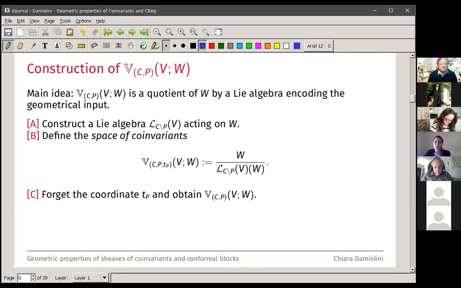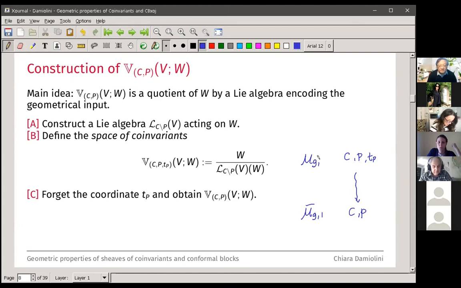And the way in which I like to think about forgetting coordinates in this context is to imagine that this space here, this sheaf of coinvariants, is attached to a curve, a point, and a coordinate. And I would like to forget the coordinate at the point and consider just the curve and the point. If I think of it in a geometric sense, I would like to have the moduli space of curves of genus g with one fixed point.